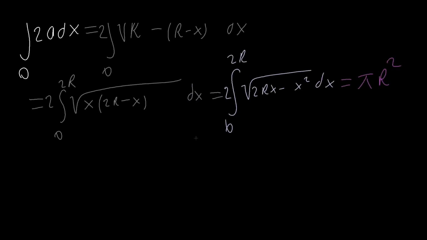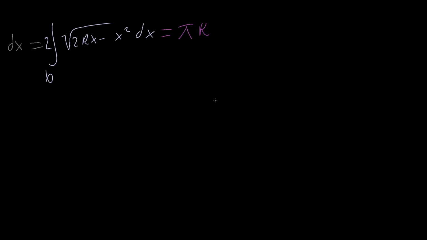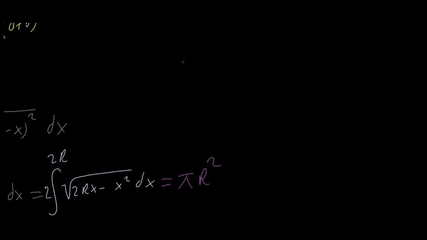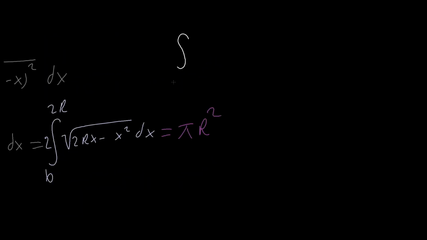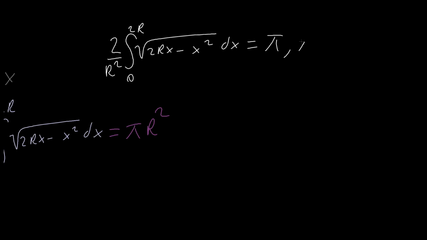Then, dividing both sides by r squared, you are gonna get integral 2 over r squared from 0 to 2r square root of 2rx minus x squared dx, which is equal to pi. Of course, given that r is not equal to 0.